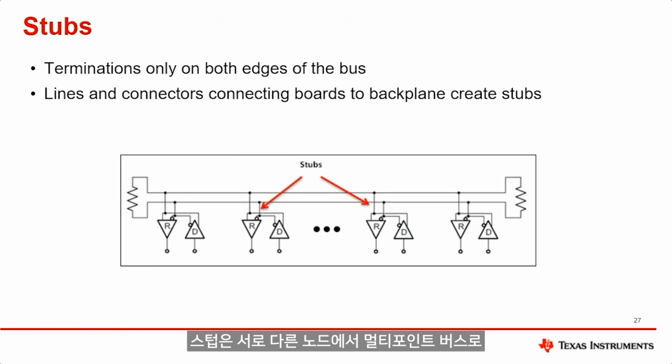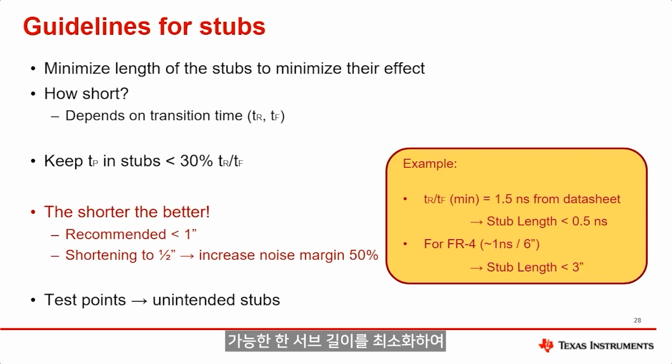And so I'll talk to stubs a little bit more here. Stubs are the connections to the multi-point bus from the different nodes. It's possible to minimize the effects of stubs by minimizing the stub lengths as much as possible. It's recommended to keep the total propagation delay of the stub less than 30% of the rise and fall time of the M-LVDS driver.